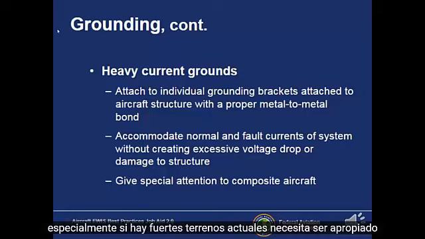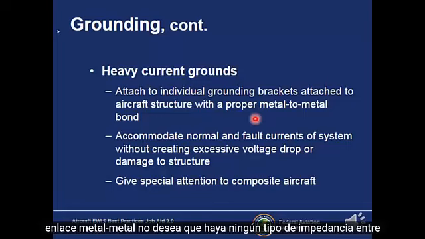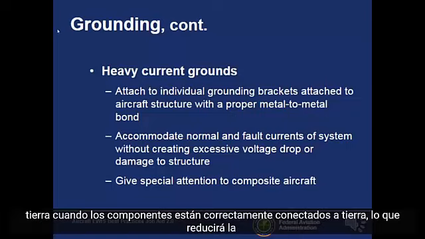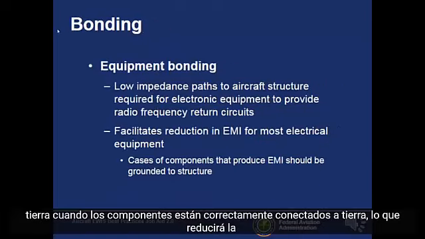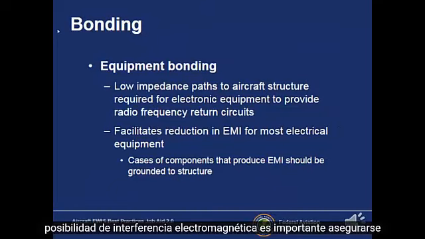Especially if there's heavy current grounds, there needs to be proper metal-to-metal bond. You don't want there to be any kind of impedance between the grounds. When components are properly grounded, that will reduce the possibility for electromagnetic interference.